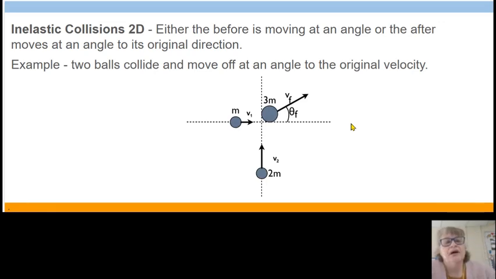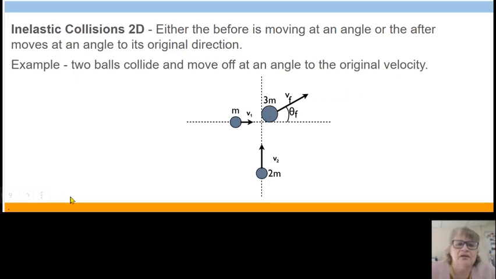Okay, inelastic collisions in 2D are a bit simpler than the elastic ones, right? So you'll either have one of the two having an angle, like moving at an angle before the collision, or you'll have two objects moving, one in the x plane, one in the y plane, that collide together, and then the two in the end, after they're combined together, move off at an angle.